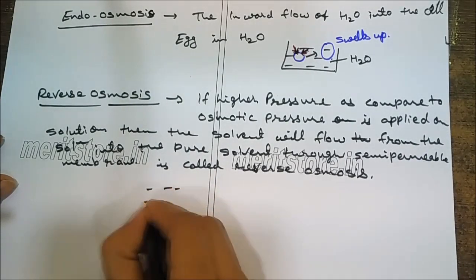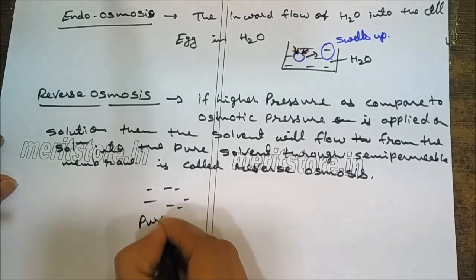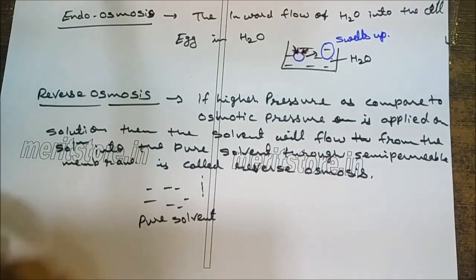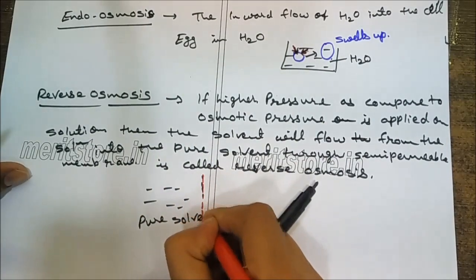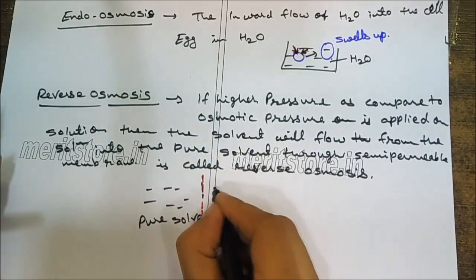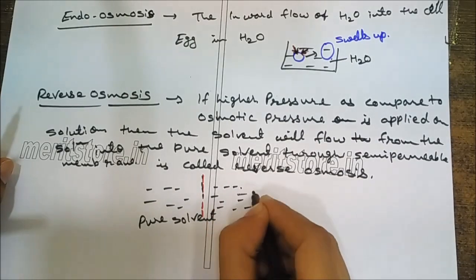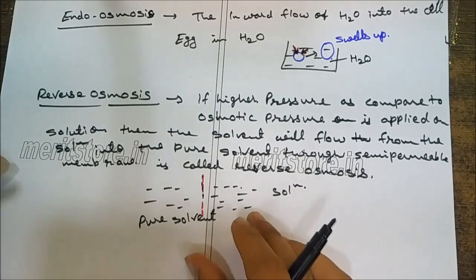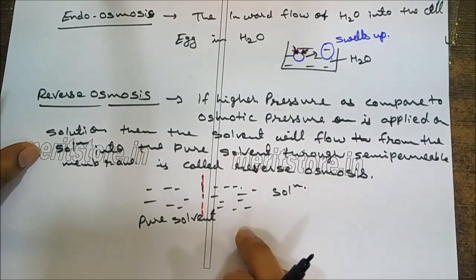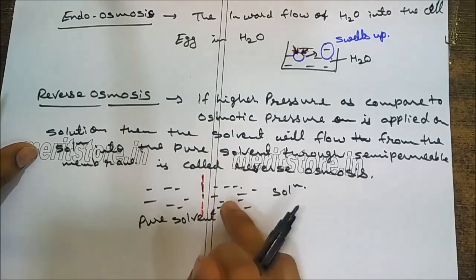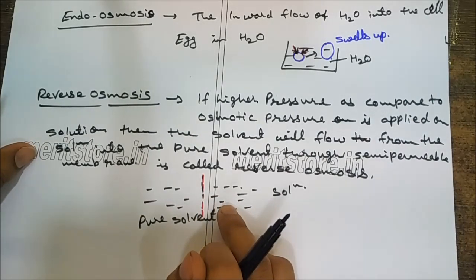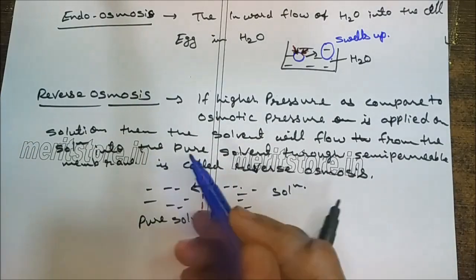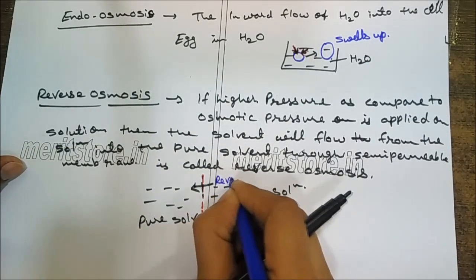This is our pure solvent, and this is our semi-permeable membrane, and here it is solution. So the solvent will flow from the solution into the pure solvent through the semi-permeable membrane.